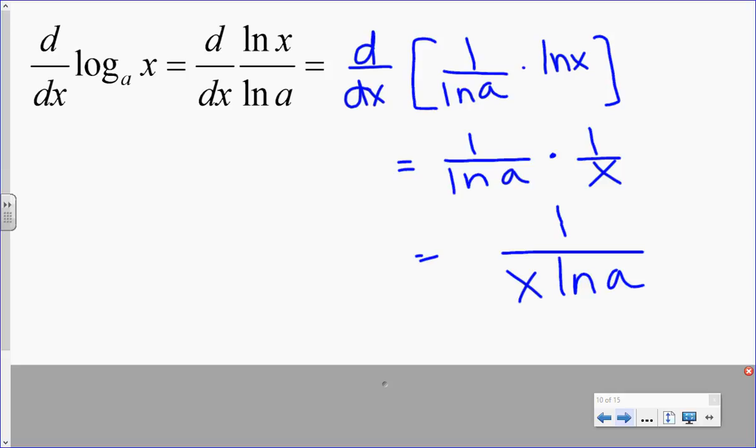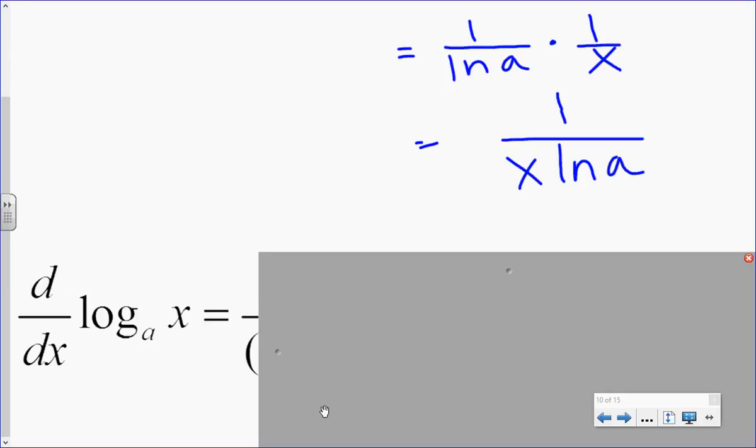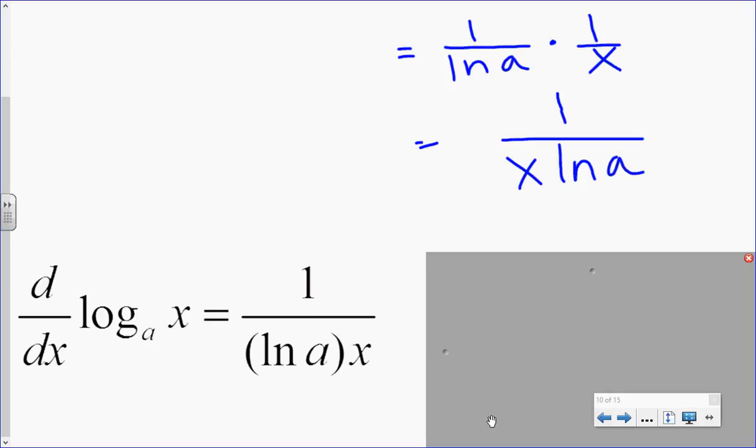Okay? So what I need you to know, you don't have to come up with that for me again, is that the derivative of log base a of x is 1 over x, just like natural log. However, if the base is not e, we have to multiply by natural log of a.